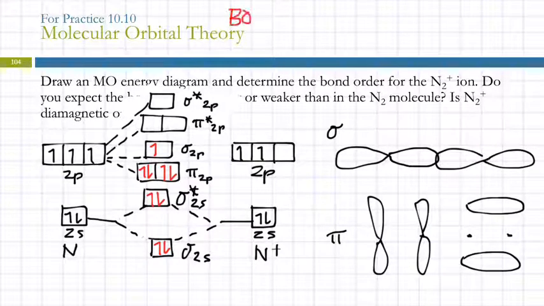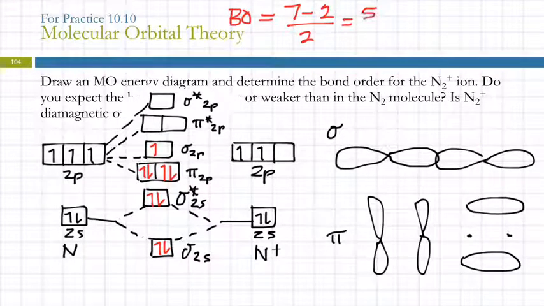So bond order, how many electrons in bonding orbitals? 2, 4, 6, 7, right? How many in anti-bonding orbitals? 2. So 7 minus 2 divided by 2. So that's 5 halves, or 2.5.